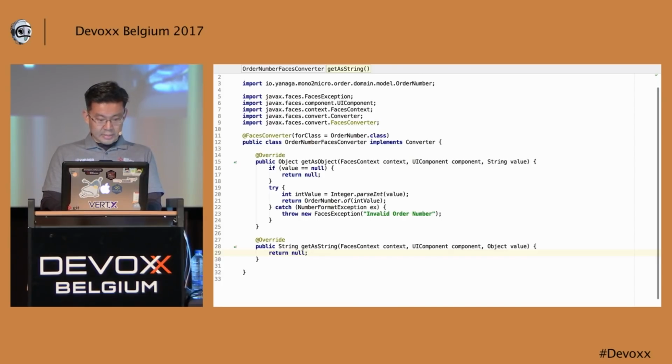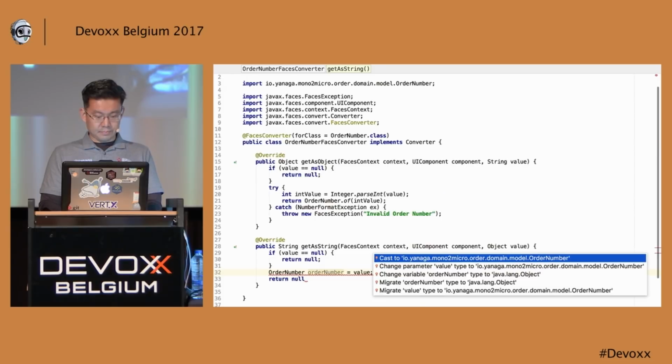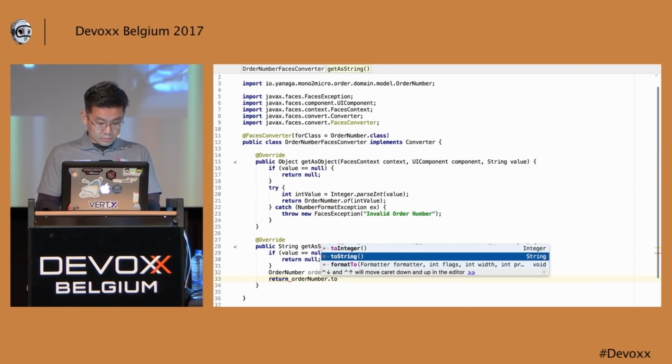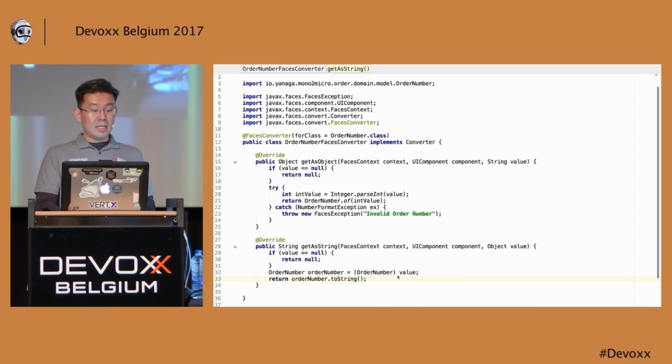And get as a string, I can just check if value equals null, because it can return null. Else I can just cast it to order number. Order number receives the value. Order number to string, if that's the way that I want to show the information to the user.